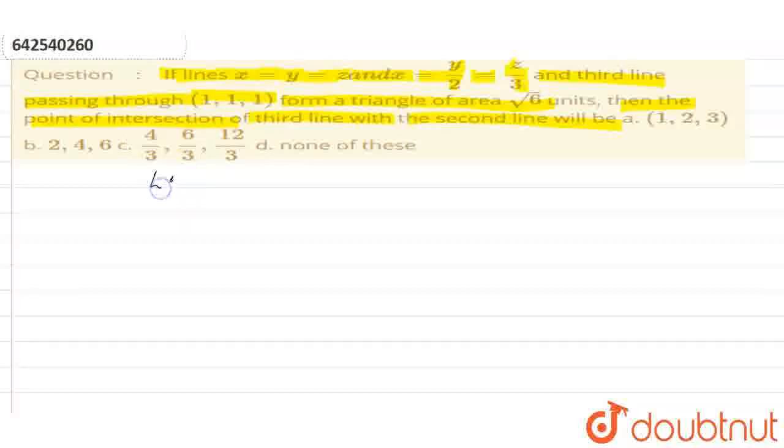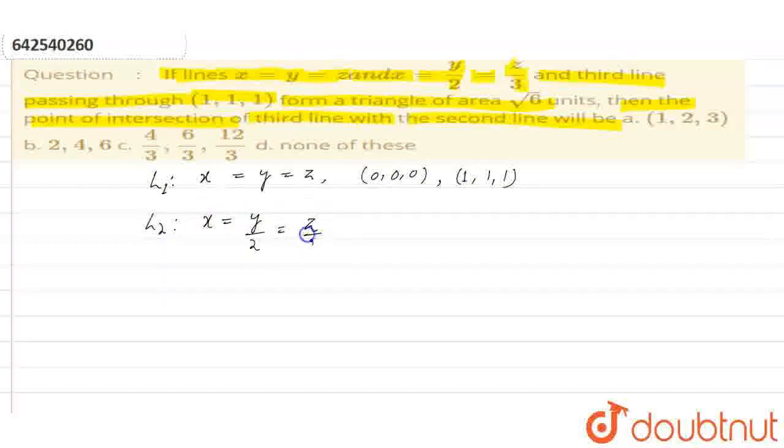See, for the line L1, x = y = z, clearly this line is passing through the origin as well as the point (1, 1, 1). Now for the line L2, x = y/2 = z/2, clearly this line is also passing through (0, 0, 0).